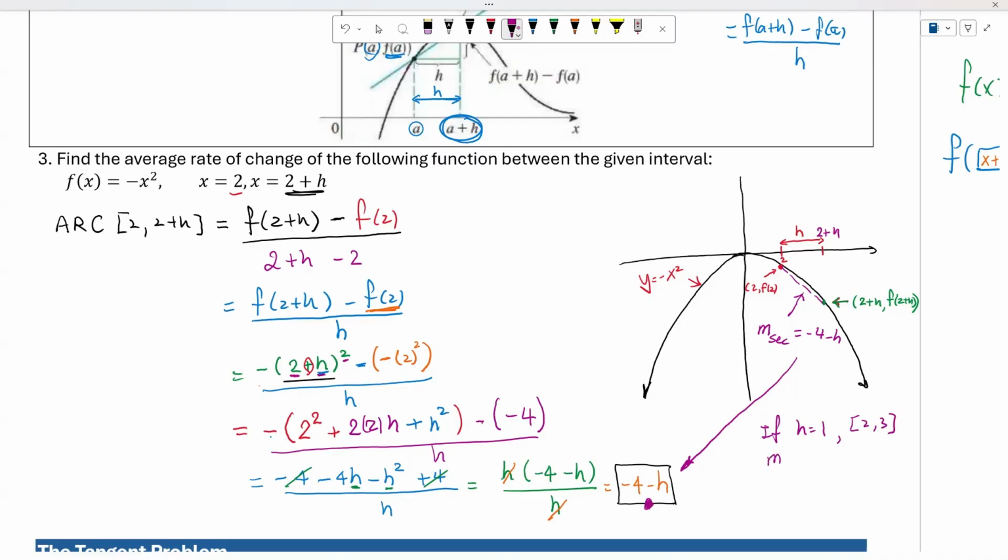So the slope of the secant line, or the average rate of change, between 2 and 3 is equal to -4 minus 1, which is -5. We get the slope of the secant line between x equal to 2 and x equal to 3 right away.